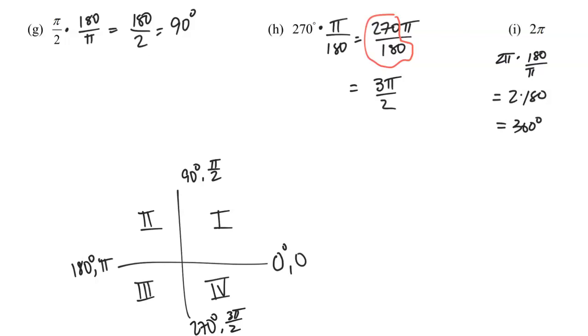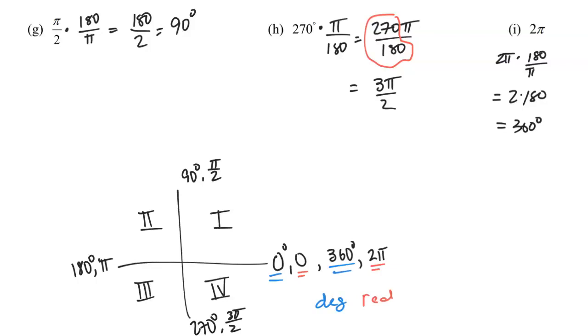And so 360 degrees is going to put me all the way back to the beginning of the circle. And so 360 is going to be here on the positive x-axis, and that's the same thing as 2 pi. And so this 0 here and this 2 pi here, those are your radian measures. This 0 degrees and this 360 degrees, those are your degree measures.